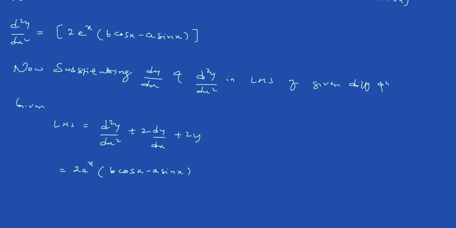The value of dy by dx is e to the power of x ((a plus b) cos x plus (b minus a) sin x), right?